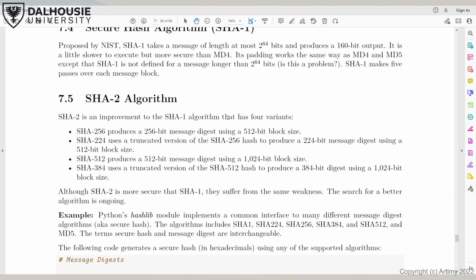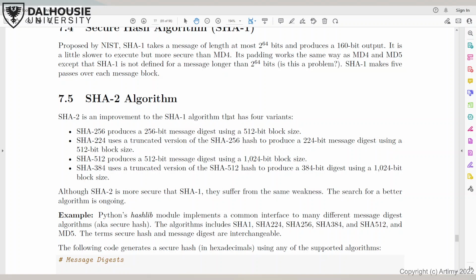The things that you need to remember out of this: first is the concept. Second is the data block. How big is it? Is it 128? Is it 512? Is it 256? Is it 1024?